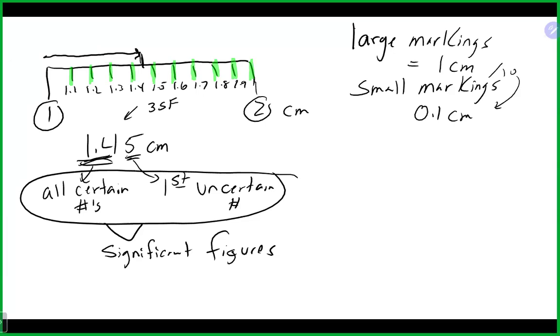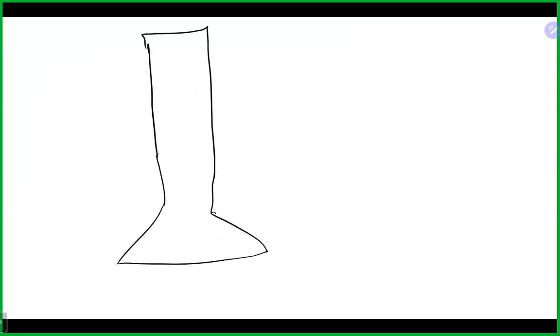So let's just say we had something like this, like a horribly drawn graduated cylinder, sort of. And about 20. We'll put a liquid in there, something like that.